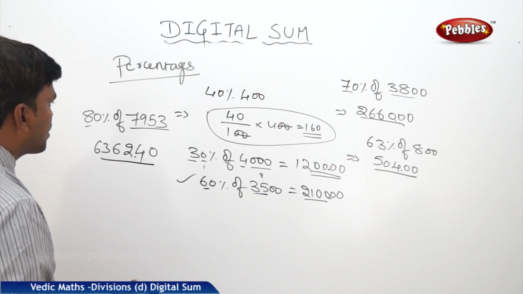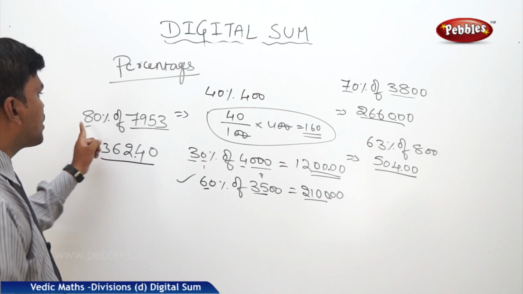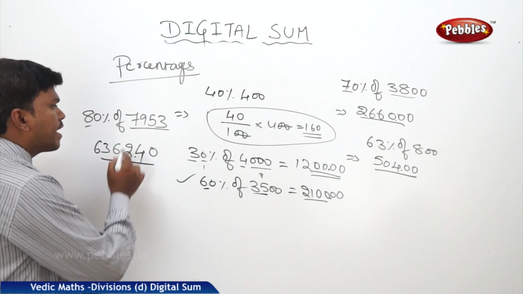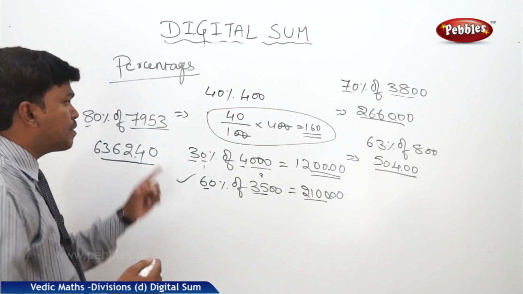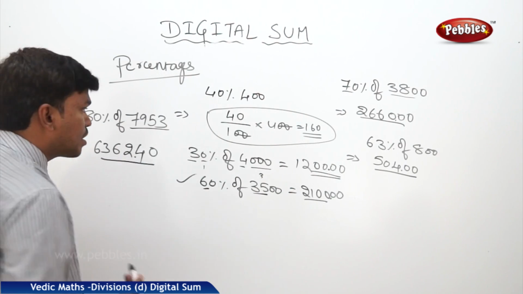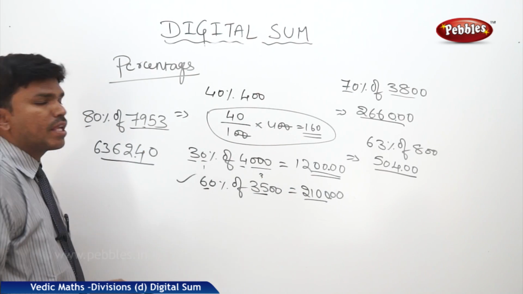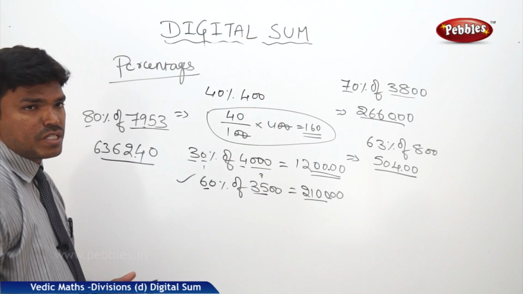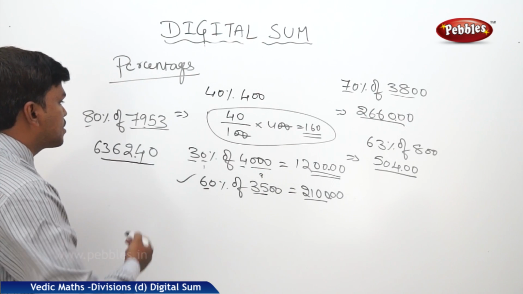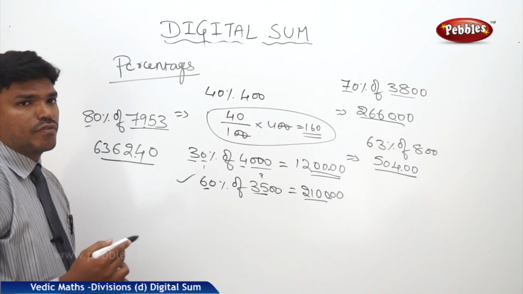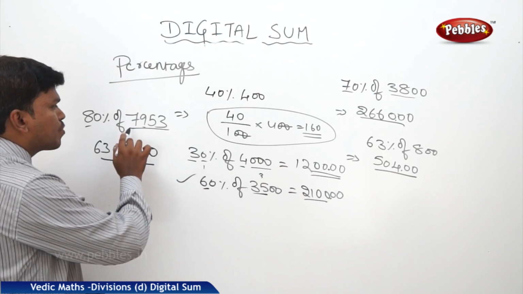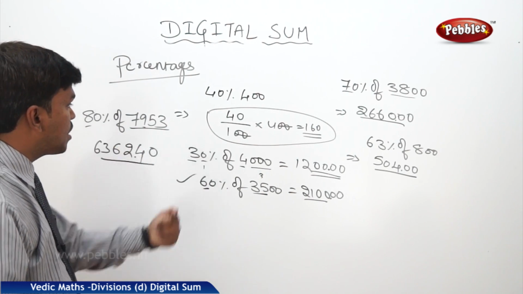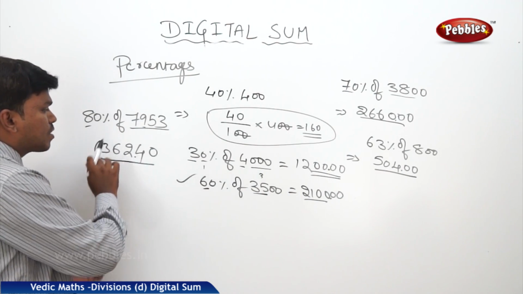6362.4. Once again I repeat, directly multiply 7953 into 8. How will you multiply 7953 into 8? You can go in the mind. 8 7s are 56. 56 means in which place it is? Thousands. So 56,000 plus 7,200. 56,000 plus 7,200 is how much? 63,200. 63,200 plus 400. 63,600. 63,600 and 600 plus 24. 6,624.